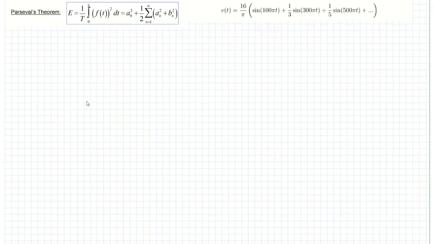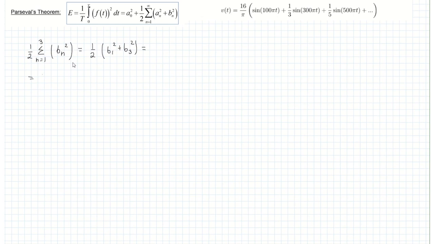Now we will calculate signal energy in the first three harmonics based on the Fourier representation of the given signal. We calculate the value of energy for the first three harmonics, so it's 1 over 2, sum from n equal to 1 to 3. A0 in our signal is equal to 0, as well as all the An, so we will be only summing the Bn squared. It's 1 over 2. The coefficient of our second harmonic is equal to 0, so it will be B1 squared plus B3 squared.